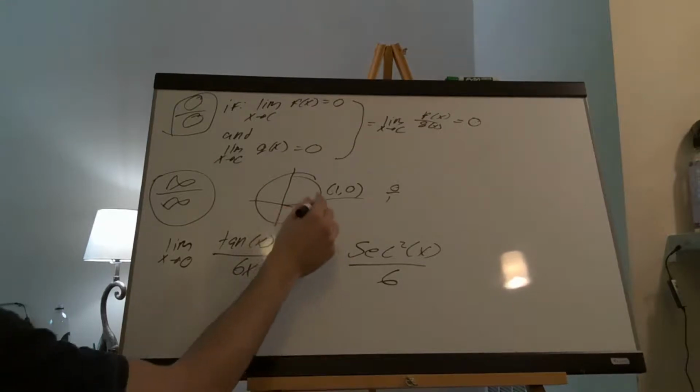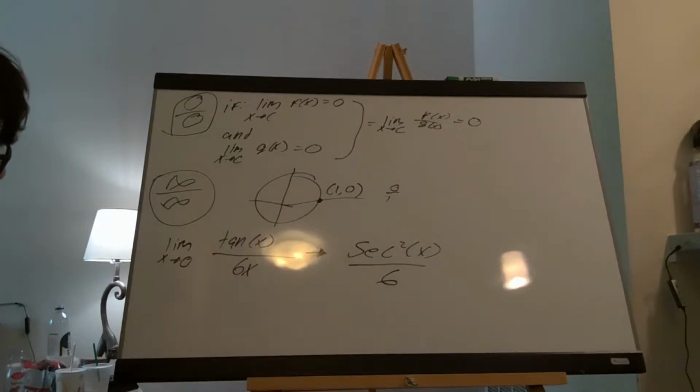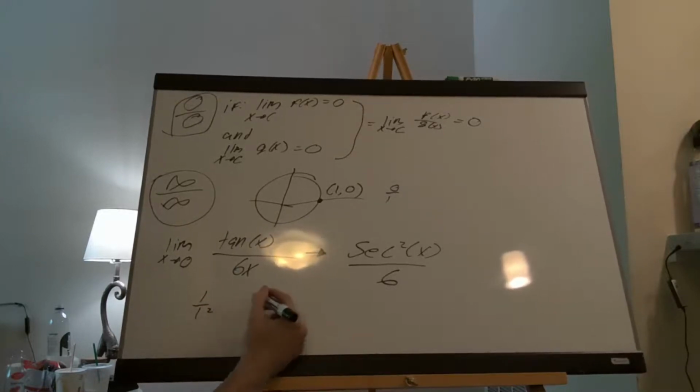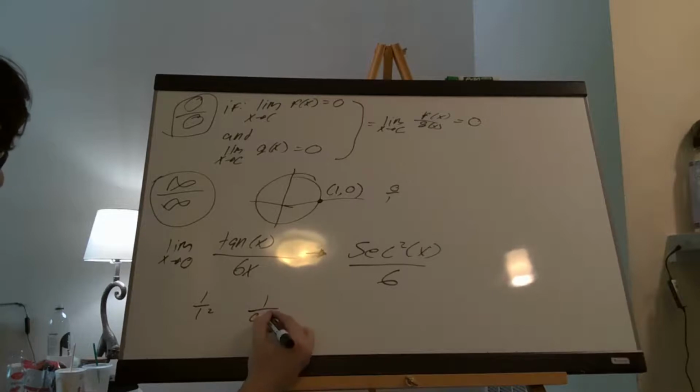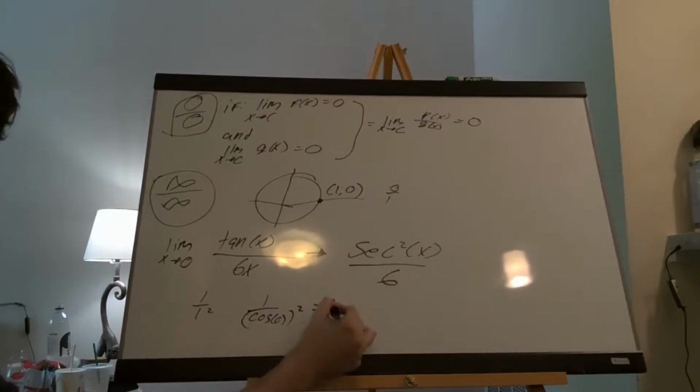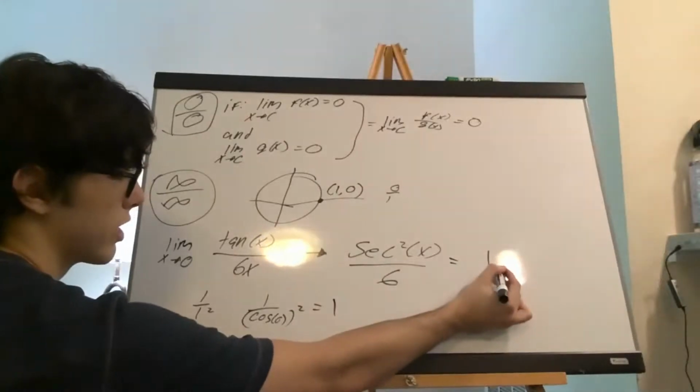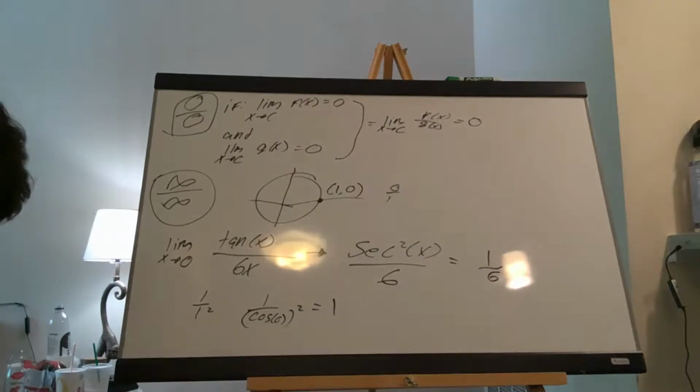So cosine of 0 is 1, then 1 over 1, or 1 over 1 squared, my bad, because this is just 1 over cosine of 0 squared, just equals 1. So that means when x is approaching 0 for this, we get 1 over 6.